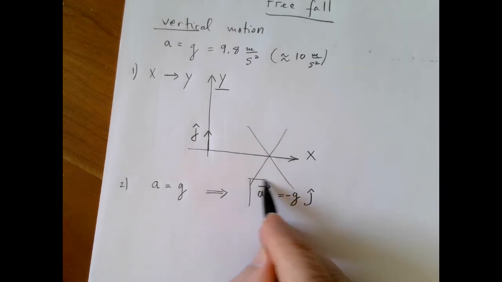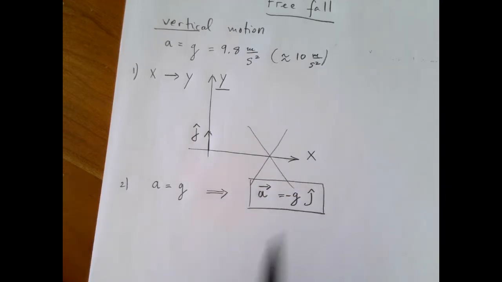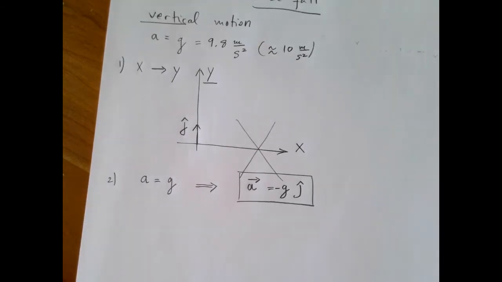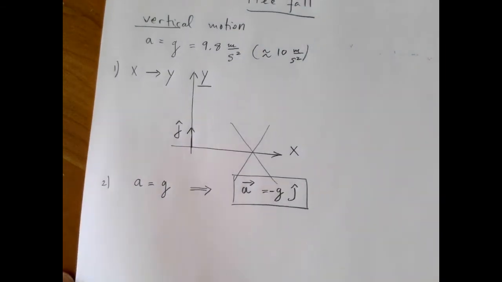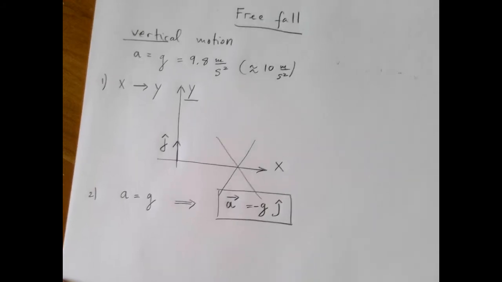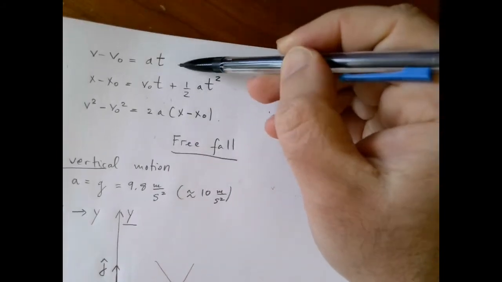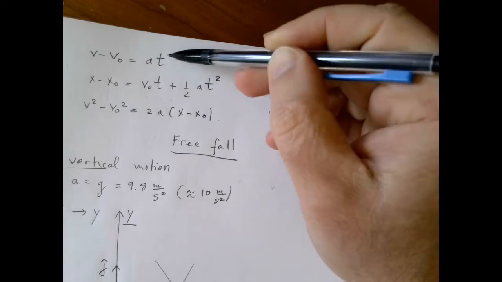So the correct vector notation of the acceleration of gravity is negative g j hat. However, we are not going to use this notation at all. All we will do is use a negative value for the acceleration in these equations.